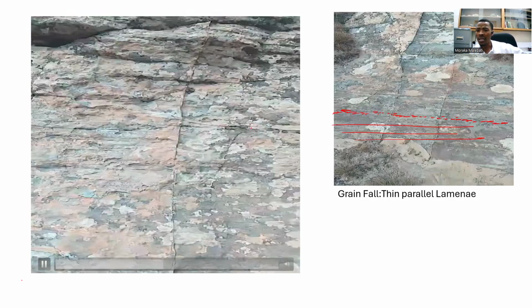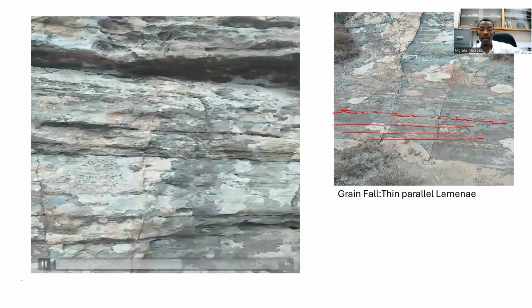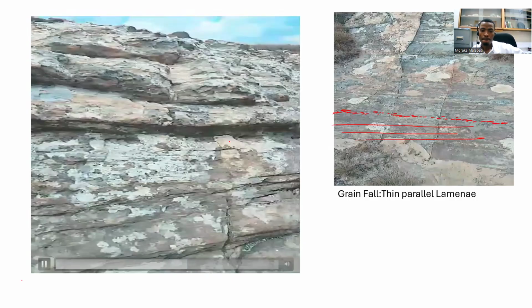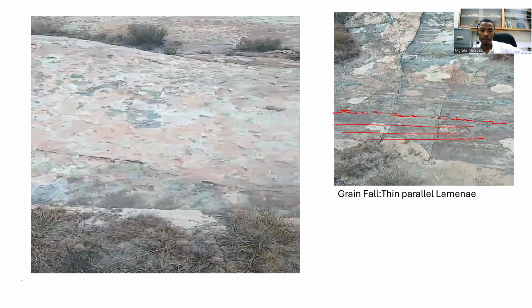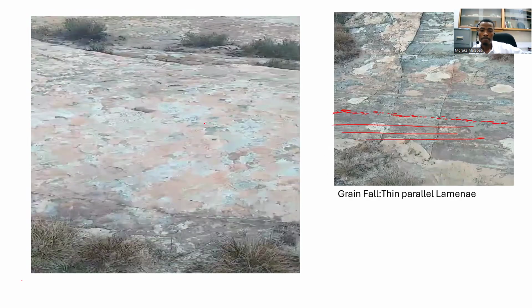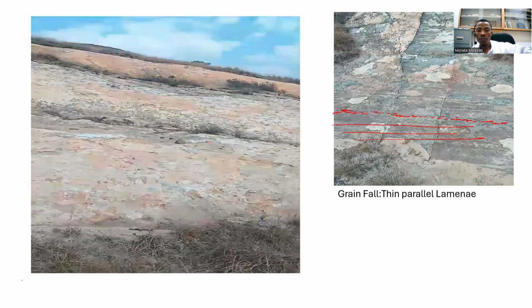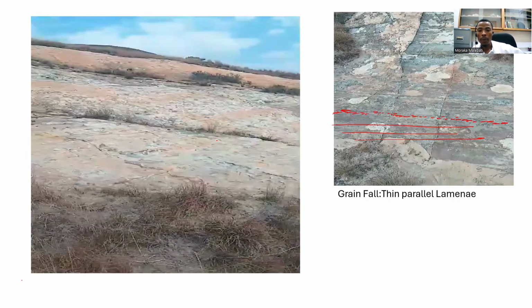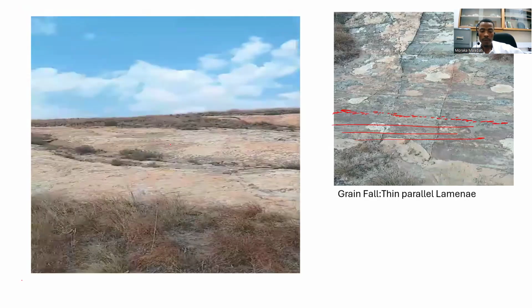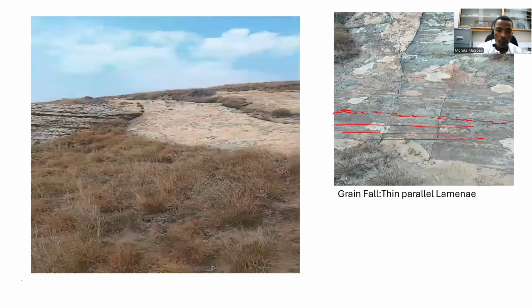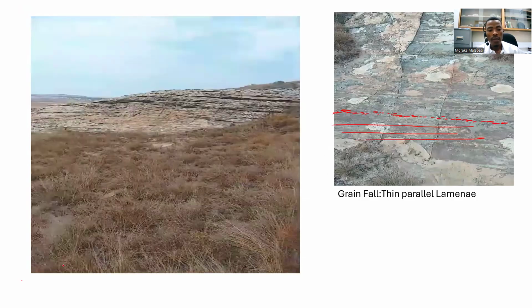You can determine the paleocurrent here. There was clearly visible cross-bedding; we saw the cross-bedding in these rocks. All right, so this is what I wanted to show you from the sandstones of the Clarens Formation.